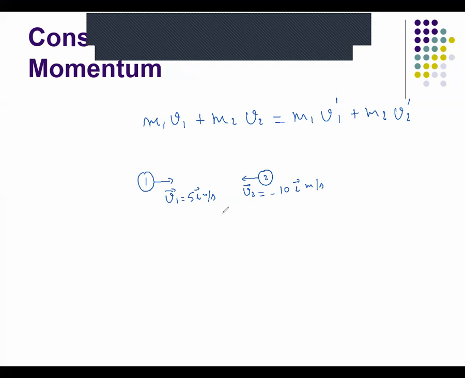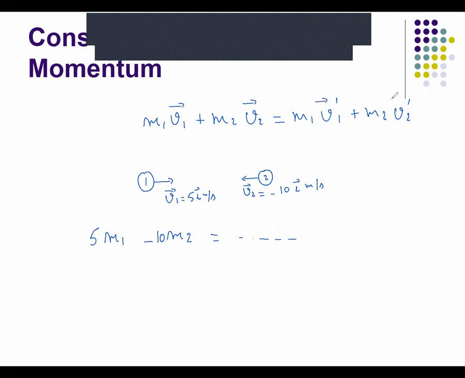If I want to substitute the values of v1 and v2 in the equation, you write m1 times 5 and m2 times minus 10, and you continue. Why? Because this equation is a vectorial equation.